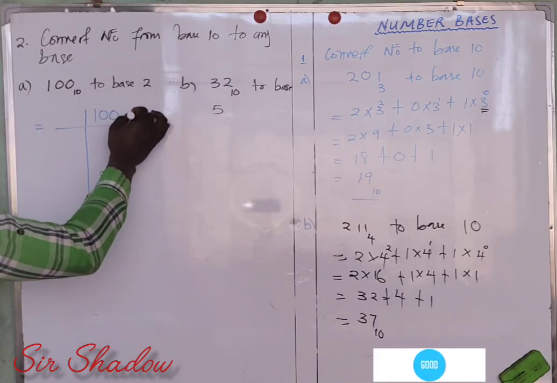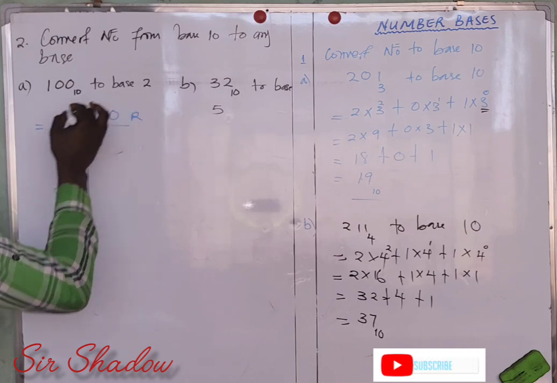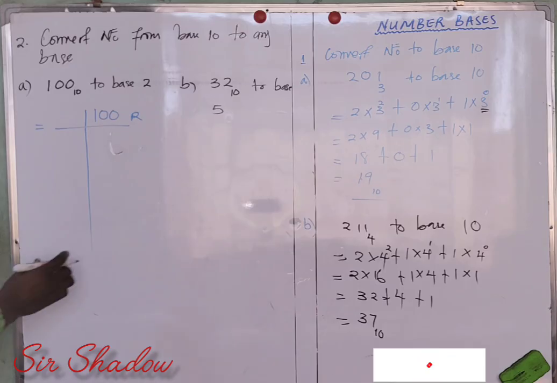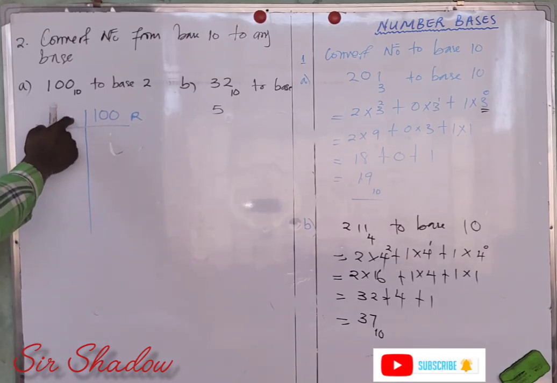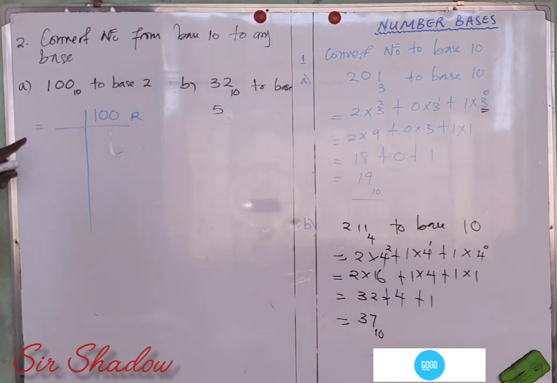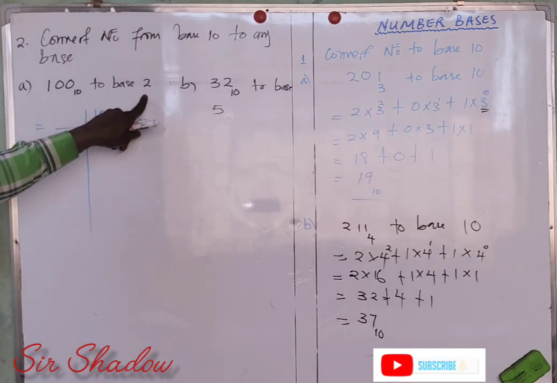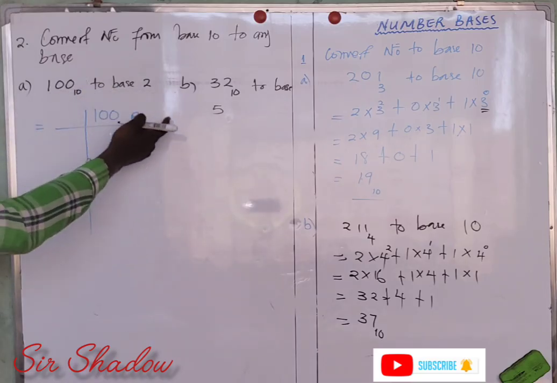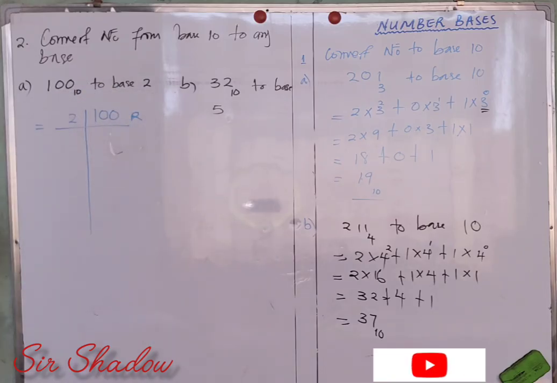Then here we write R, which simply means a remainder, because we shall focus on remainders. Which number are we going to write here? The number we are going to convert to, which is base 2, because we are converting from base 10 to base 2. So we write 2 here.